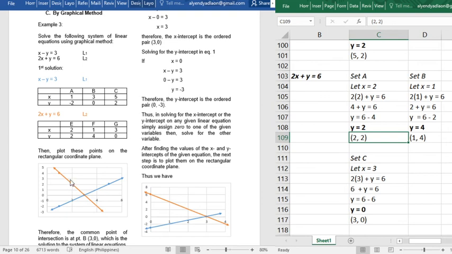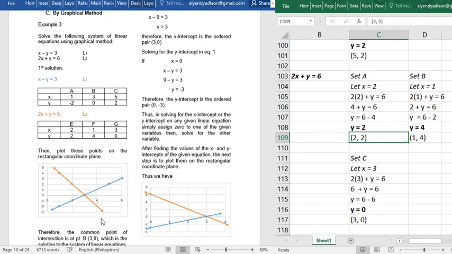Next, 1 is our x and 4 is our y. 1 is x, so here is the point, and y is 4, so here is the point. And the last point is 3 and 0. So x is 3 and y is 0. So here is the point. And then you're going to make a line.